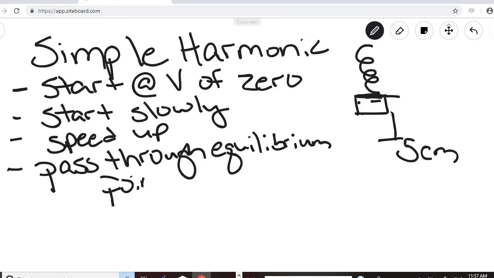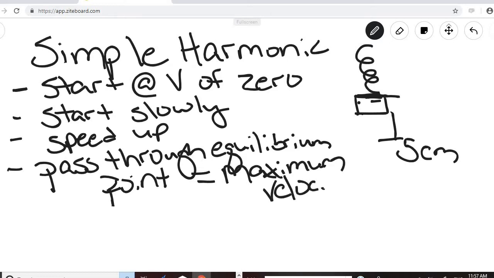And when it passes the equilibrium point, that's when it's going to reach its maximum speed or maximum velocity. And then what's going to happen? Once it's passed through the maximum velocity, then it's going to start slowing down again.